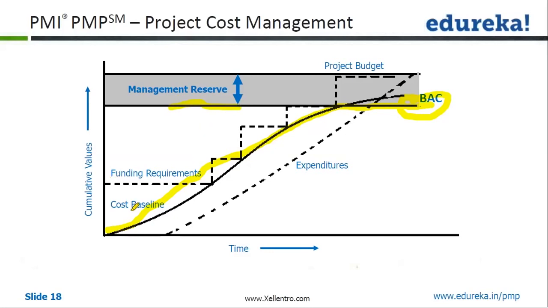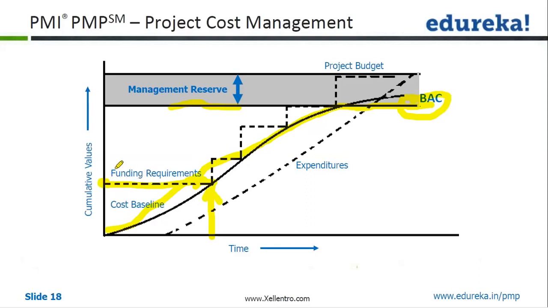So as I said, cost baseline is the time-phased, approved project cost baseline, or budgeted actual cost. In here, as you see, we'll have different funding requirements at different points in time. At this point in time we'll be releasing this many funds for the project.